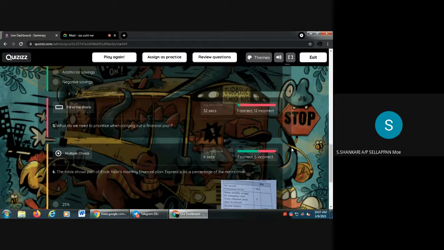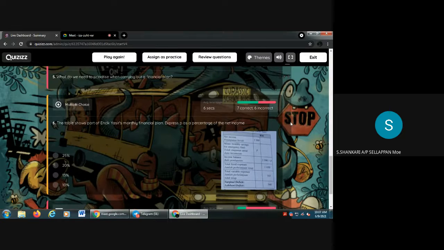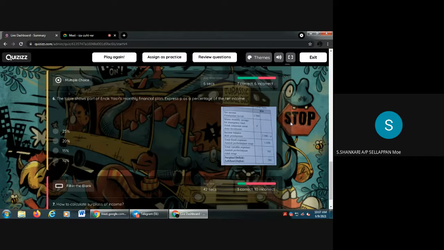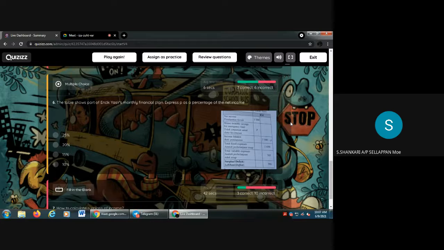Number 6. The table shows part of Encik Yasir's monthly financial plan. Express P as a percentage of the net income. Teacher, I sincerely apologize to all.